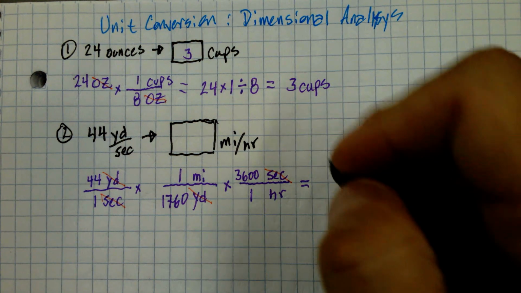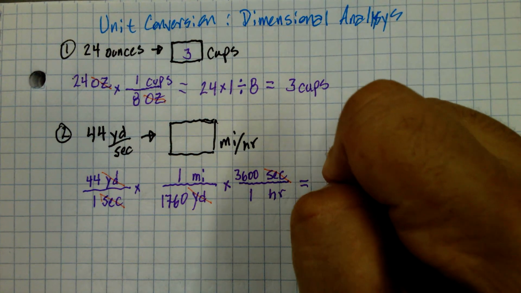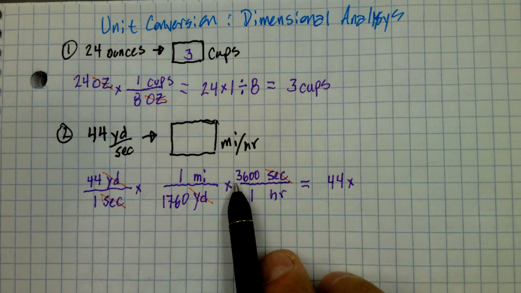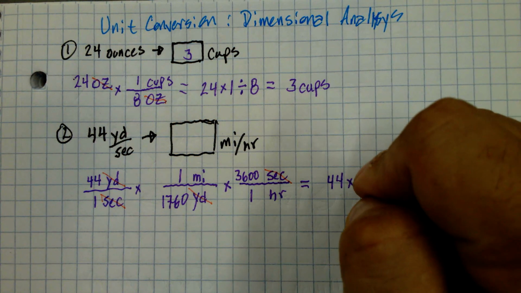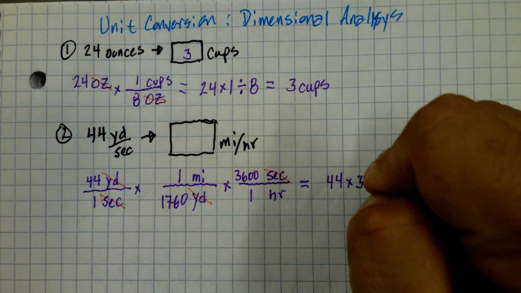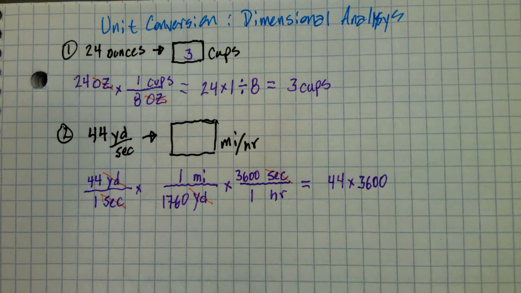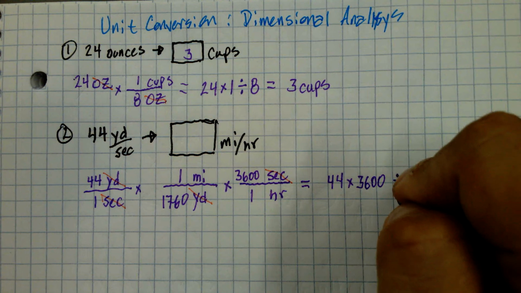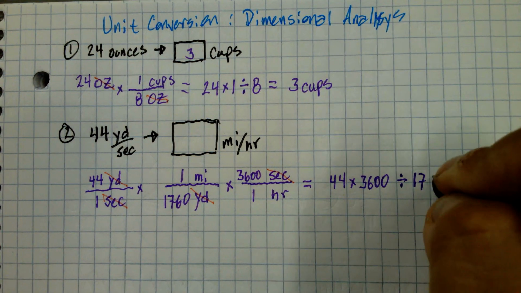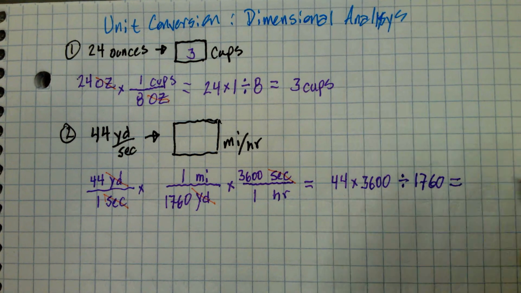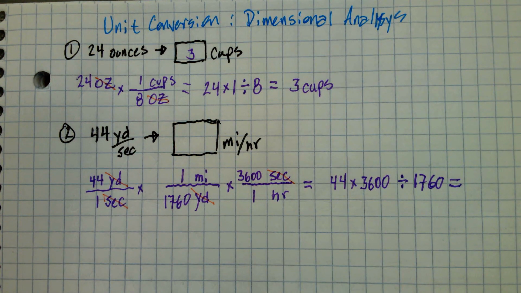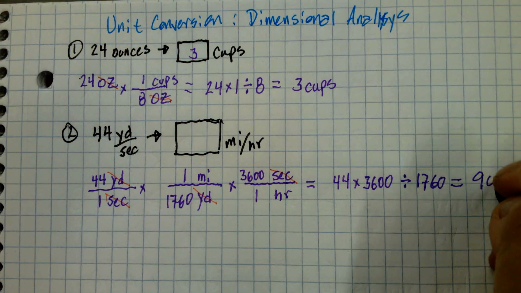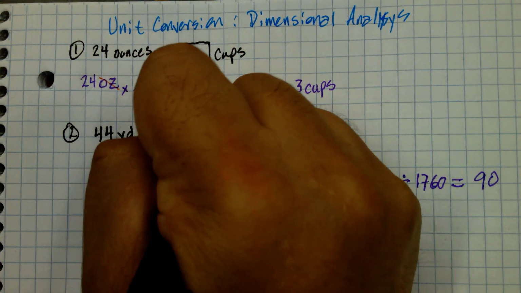So couldn't we just do 44 times 3,600? Because we're multiplying the numerator ones, right? And then we're going to divide by 1,760. 90. Yeah. We get 90. And the answer is 90 miles per hour.